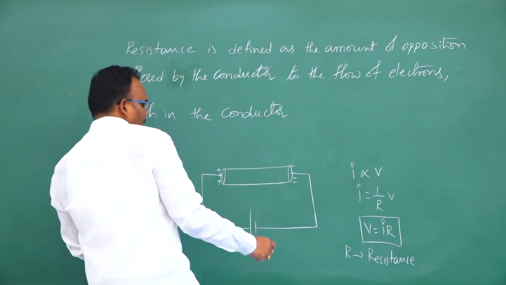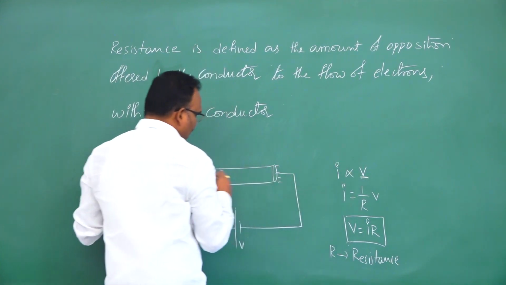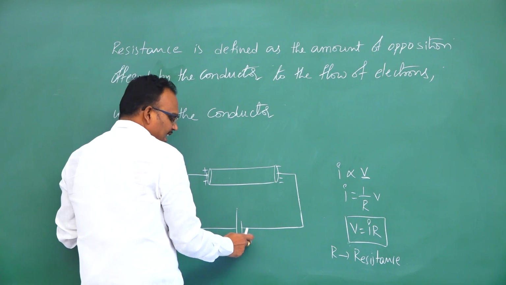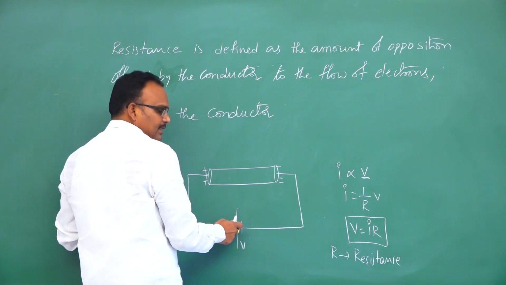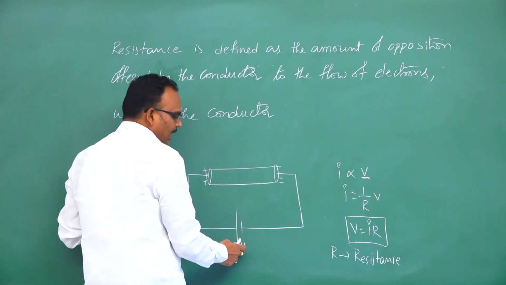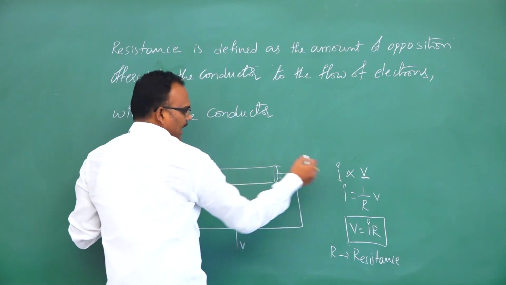See here, if the terminal potential difference across this conductor is increased by increasing the potential difference of the cell. If it is a 10 volt cell, okay, you will get some amount of current.